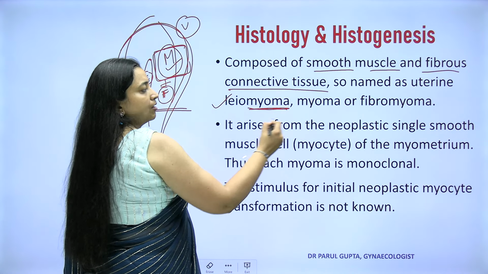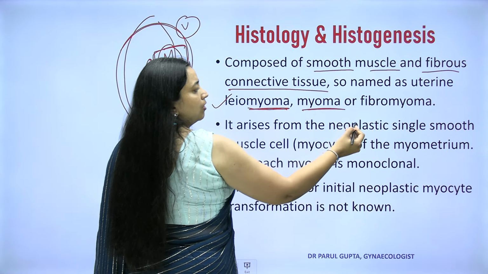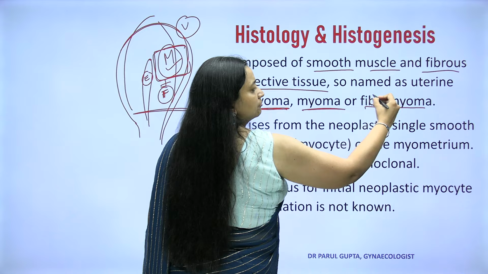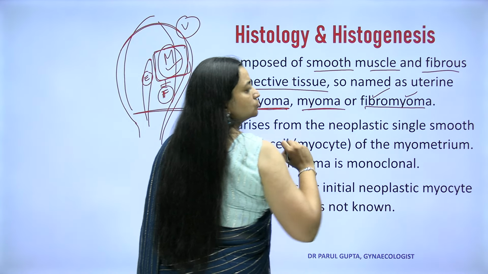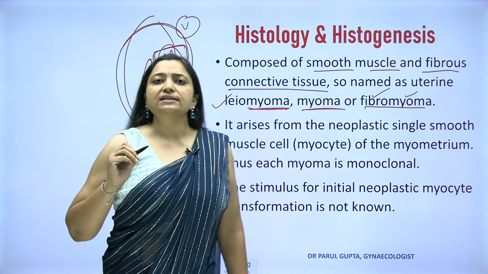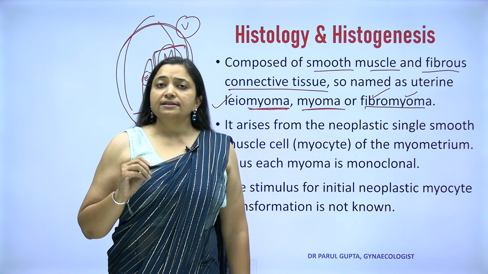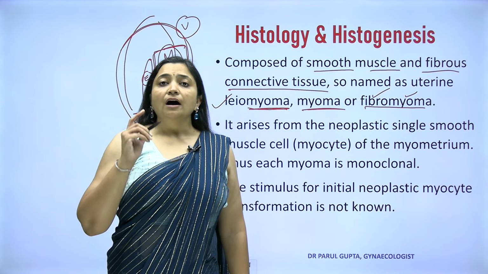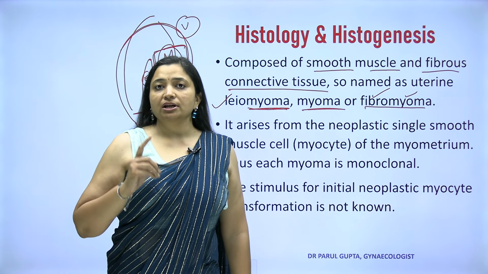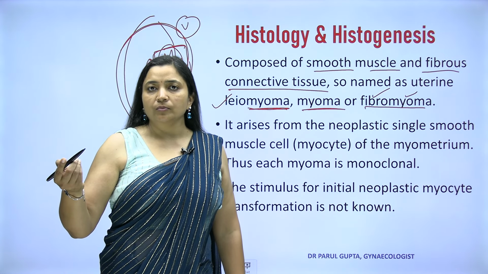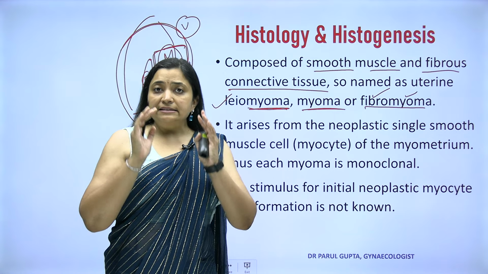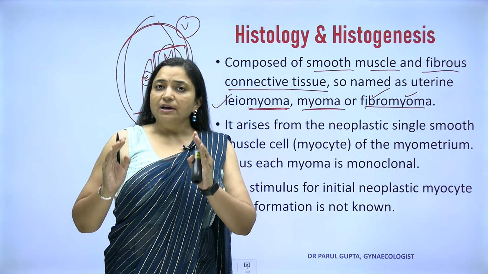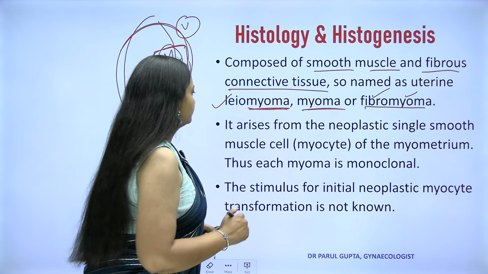Myoma, muscle, or a fibromyoma, fibrous tissue and muscle tissue. So fibroid is basically a misnomer. It is a layman term, but a better terminology is myoma or fibromyoma, saying that it consists mainly of muscle and fibrous tissue.